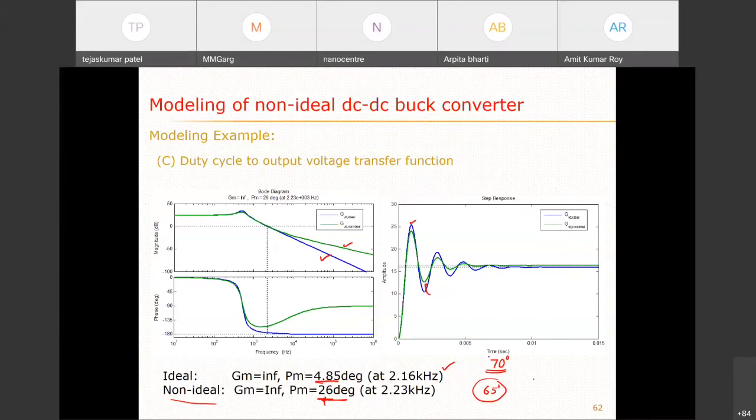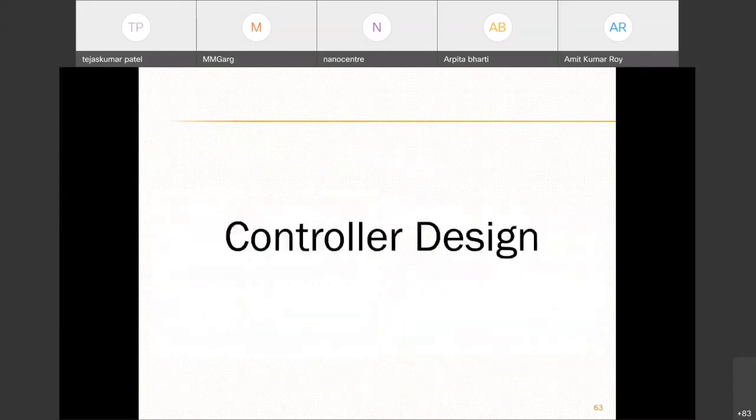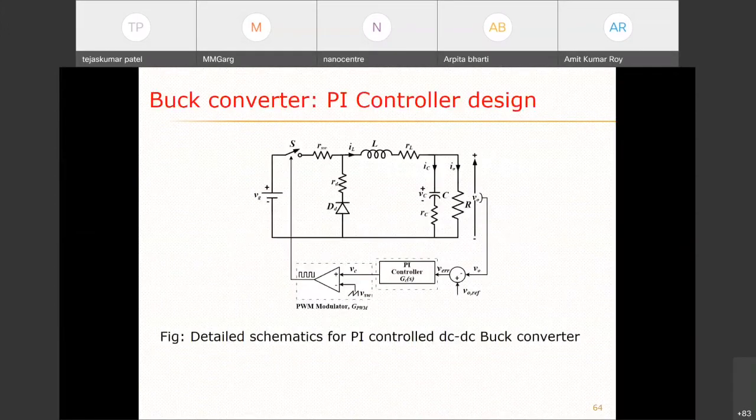If I rely on the modeling with the ideal converter, then the controller designer thinks that the converter has just 5 degree. So my controller should be designed in such a way that it provides 65 degree of phase margin. But actually our system is having 26 degree.